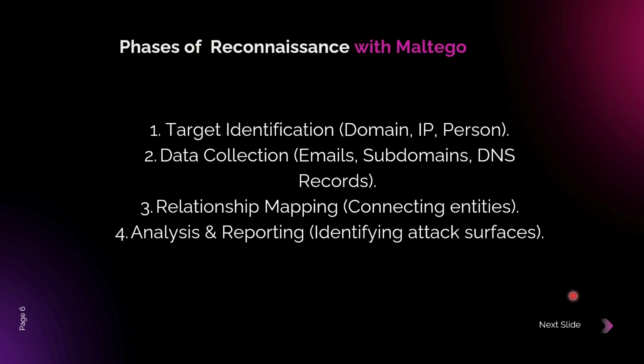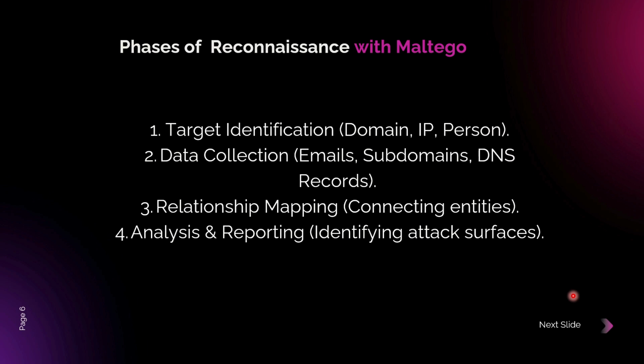Phases in reconnaissance. There are 4 phases in reconnaissance. First, you identify the target. You start with a domain like google.com and you collect the data. In the second step, Maltego finds its subdomains, like webmaster.google.com or something like this. Then it will map the relationships.